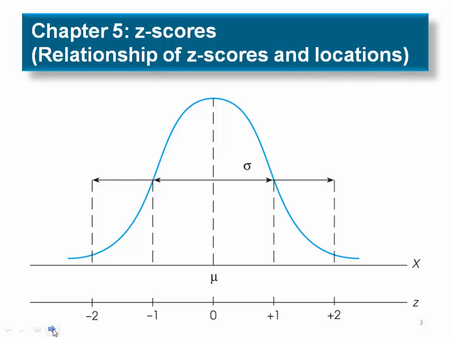Also note that a z-score of plus 1 corresponds to a position exactly 1 standard deviation above the mean. A z-score of z equals plus 2 is always located exactly 2 standard deviations above the mean. The numerical value of the z-score tells you the number of standard deviations from the mean.